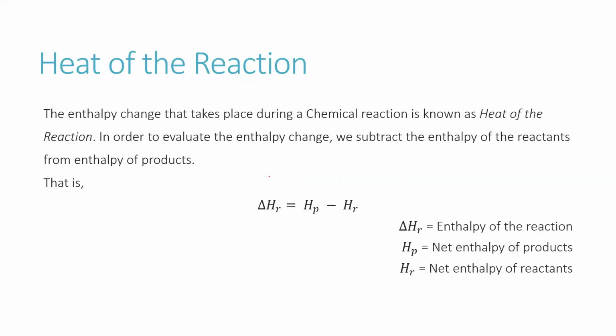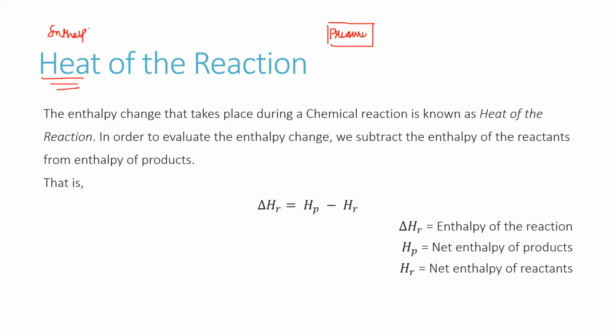So thermodynamics in chemical reactions. The first and the most basic term over here is heat of the reaction. We must keep in mind that most of the chemical reactions that take place are generally at constant pressure. All right. They generally take place keeping the pressure constant. So when you keep the pressure constant, heat actually becomes equal to enthalpy.